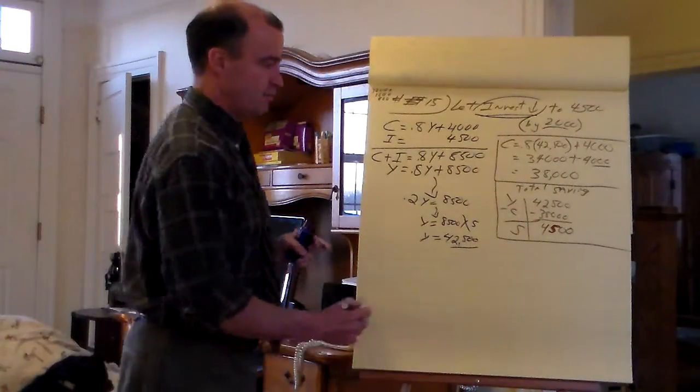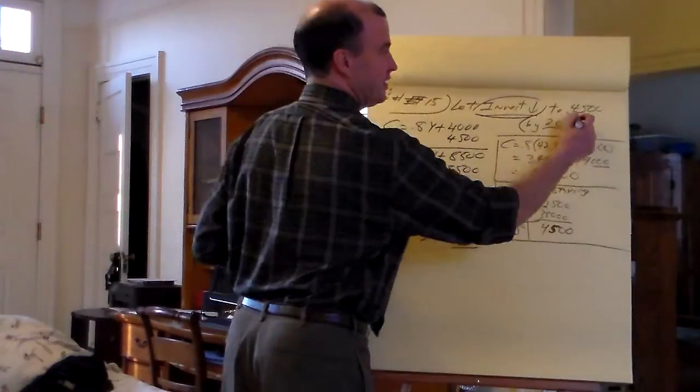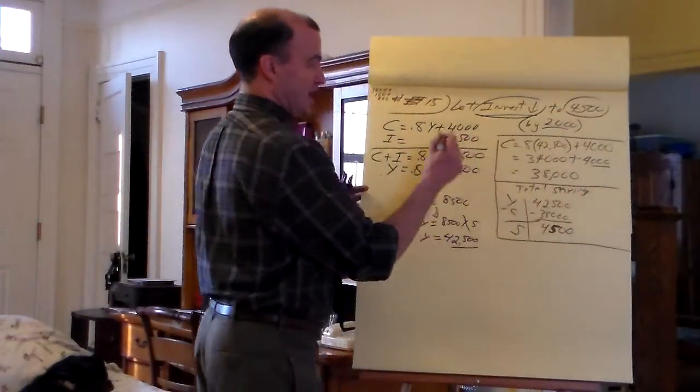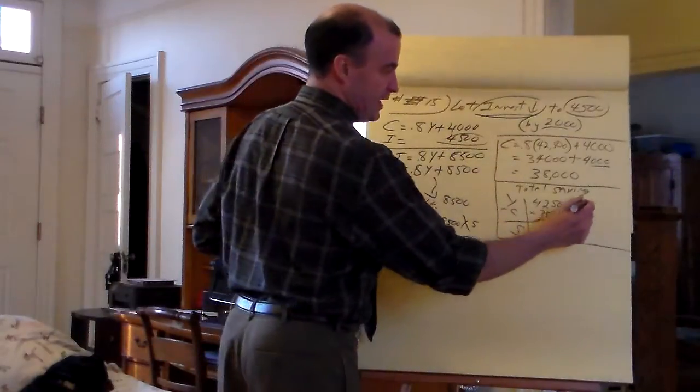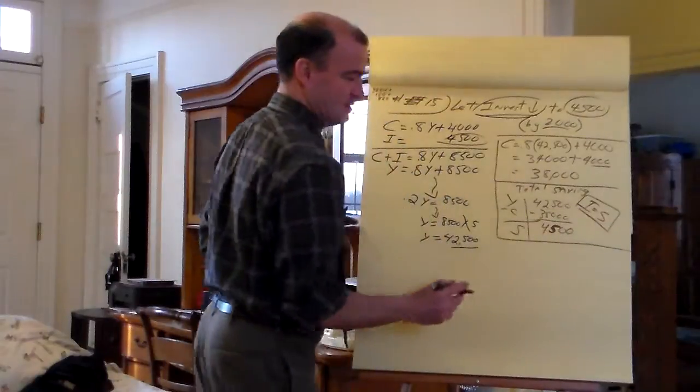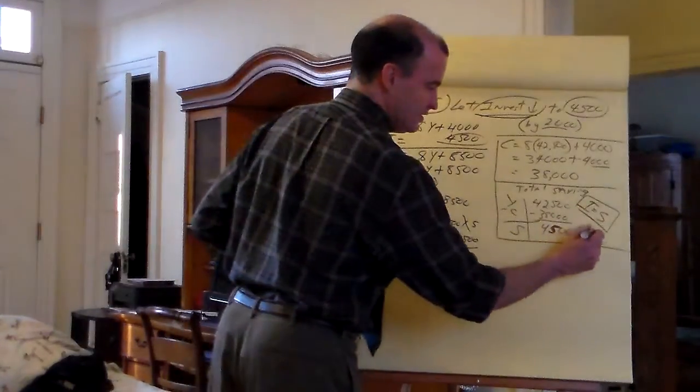Is that a surprise? Well, wait a second. Investment fell to 4,500. Investment fell, and I has to equal S. Does it? Yes. Aha, this is the number we want.